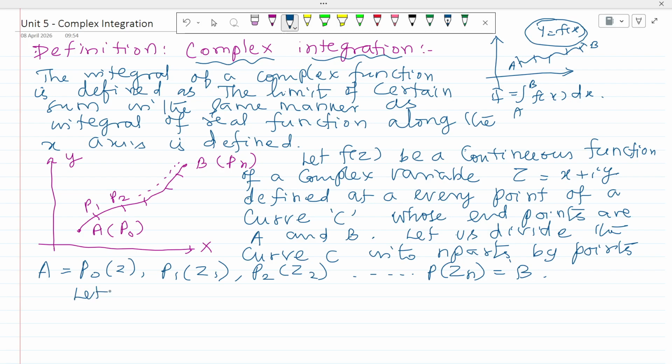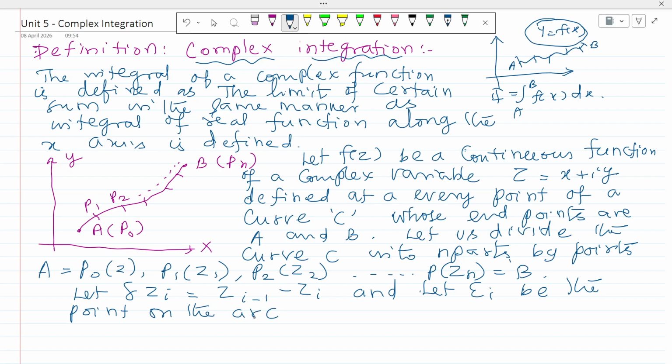Let us take delta Zi equal to Zi minus 1 to Zi, and let epsilon i be a point on the arc Pi minus 1 to Pi.